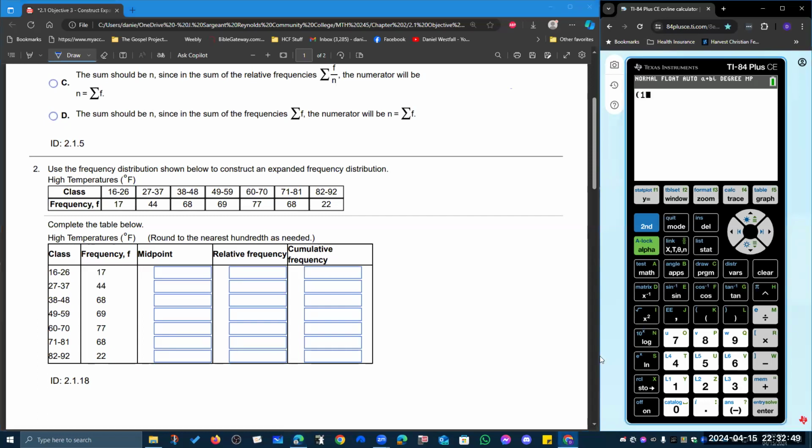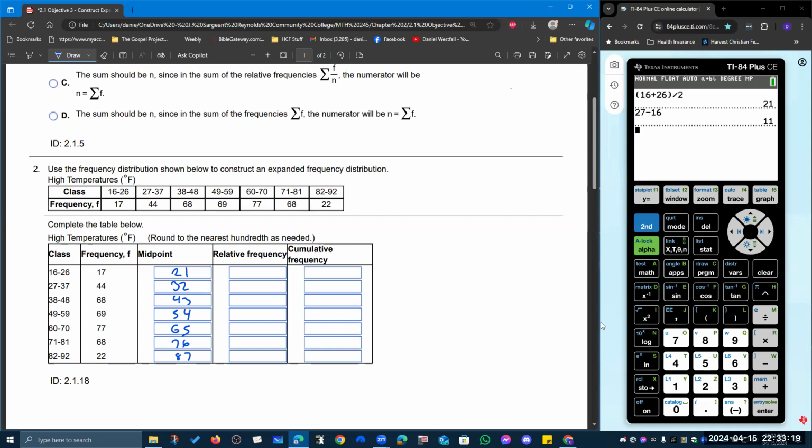So let's find 16 plus 26, divide by 2, and we get 21. Then the class width is 27 minus 16, which is 11. That makes this 32, 43, 54, 65, 76, and 87 for my midpoints.